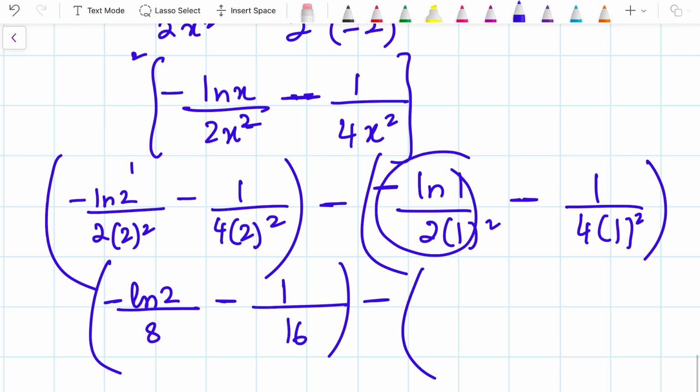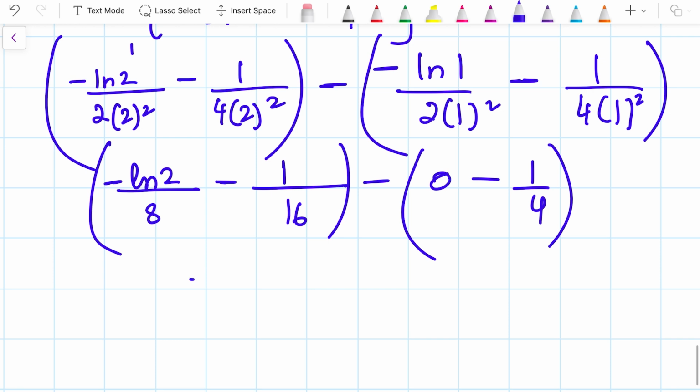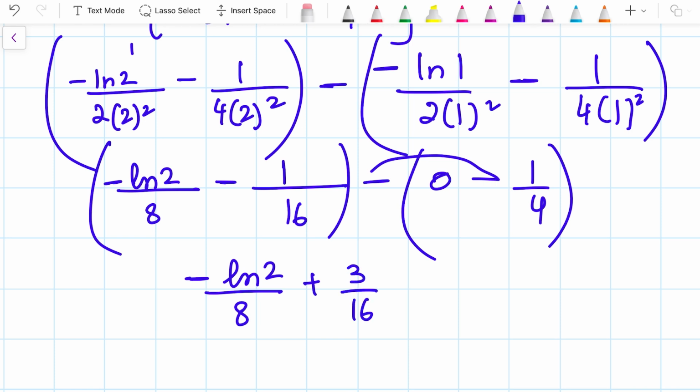This entire thing becomes 0. So this becomes minus 1 upon 16. Minus minus is a plus. So it becomes 3 upon 16.